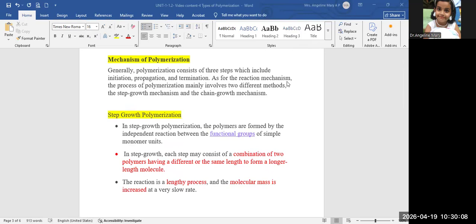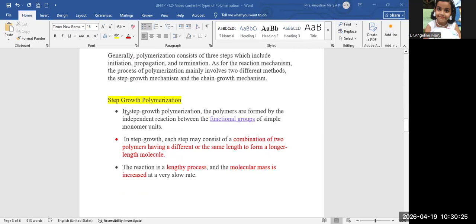As for the reaction mechanism, the process of polymerization mainly involves two different methods: step growth mechanism and chain growth mechanism. We are going to see about these two. What is step growth polymerization? In step growth polymerization, the polymers are formed by the independent reaction between the functional groups of simple monomer units.